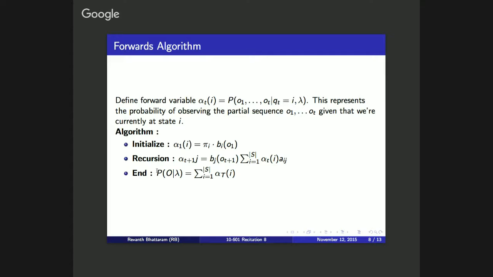Again, just applying the total probability theorem. We just vary I from 1 to all possible states. So it's going to be alpha t of I, and this part is not clear.